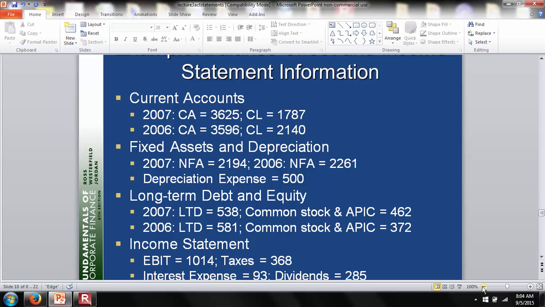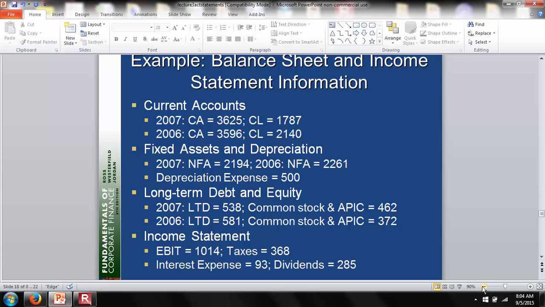Let's look at the financial statements. So current assets was 3,625 in 2007, and current liabilities is 1,787. So if you look at the working capital in 2007, that is going to be 3,625 minus 1,787. That gives you the net working capital.